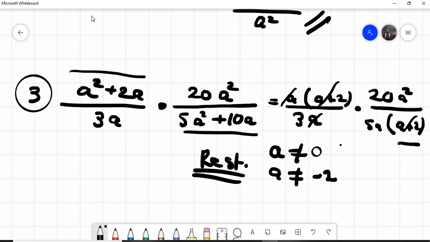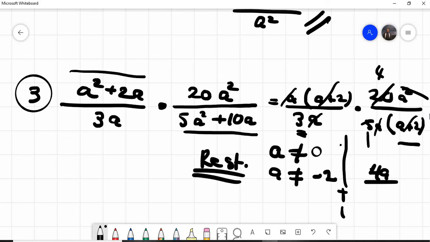For the 20, we divide by 5 to get 4, and 5 becomes 1. Then for the a's, the power is 2 minus 1, so just a is left on top. The denominator we have 3, we didn't do anything. So 4 times a, and this one is 1, so it's 4a over 3. That's the answer.